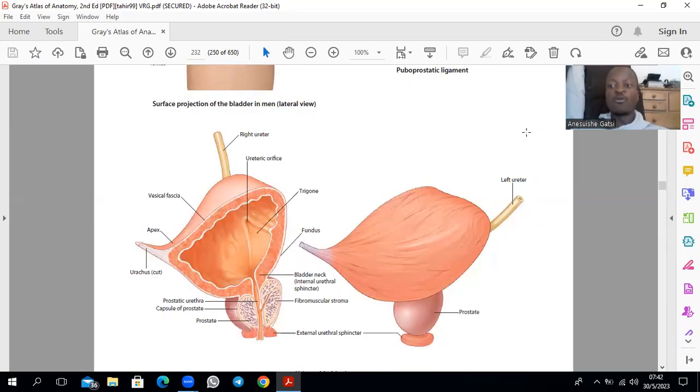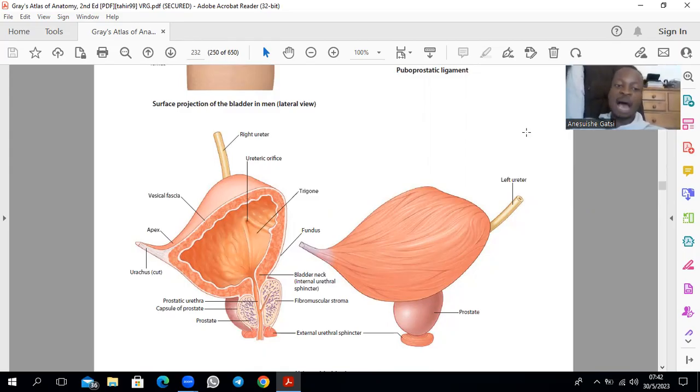Whether empty or full, it lies in both the abdomen and the pelvis. Then in adults, the bladder is entirely a pelvic organ, but when full, it peels off the peritoneum on the anterior abdominal wall and rises into the abdomen, which is why if you see someone who's holding back their urine, they tend to have a distended abdomen.